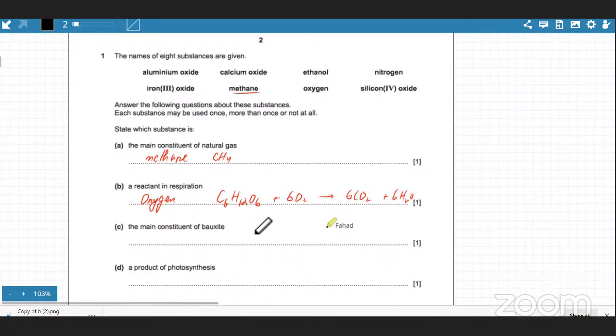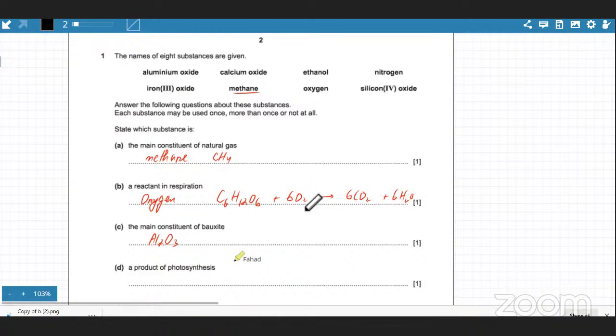The next one is the main constituent of bauxite. Bauxite is the ore which contains aluminium oxide. You're going to extract aluminium from it, so Al2O3, or aluminium oxide. And the next one is a product of photosynthesis.